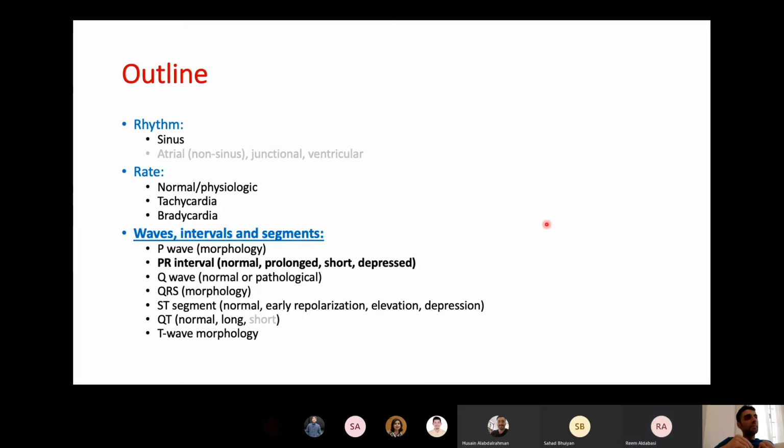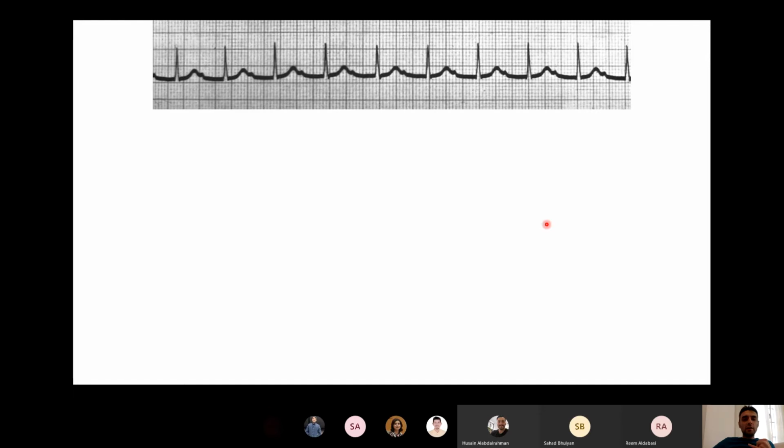Good. So when you see PR prolongation, you should think we are in AV block, and then figure out what type of AV block it is. So, an example. Obviously a long PR, right?